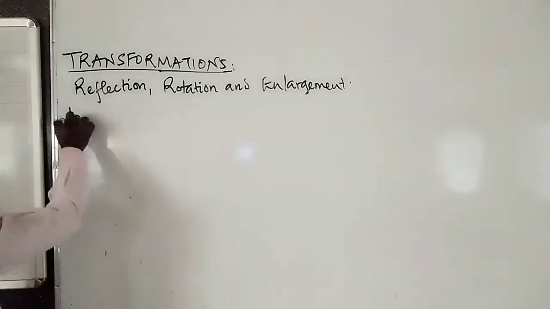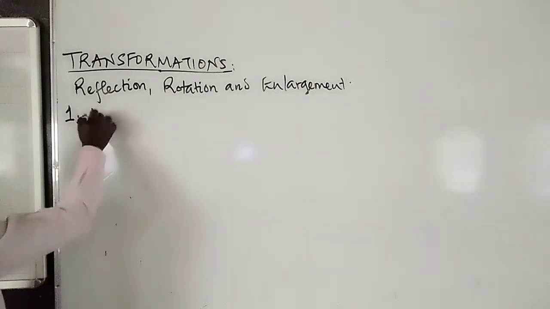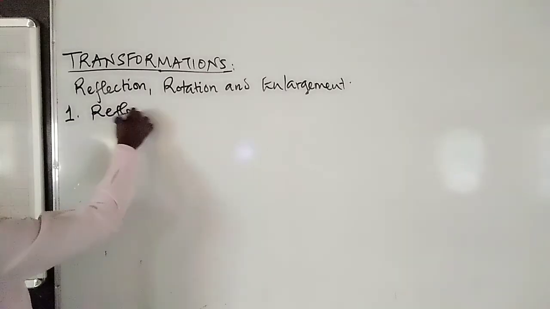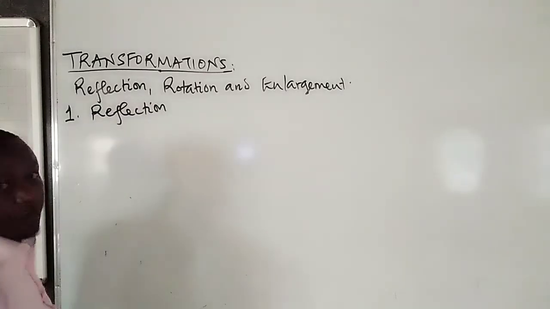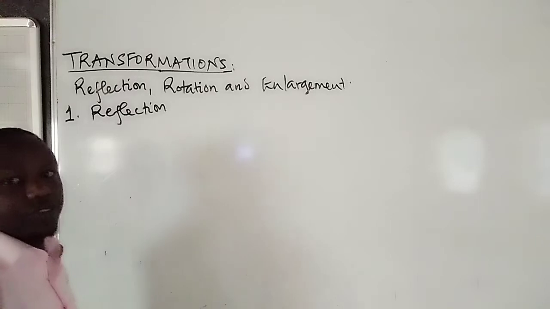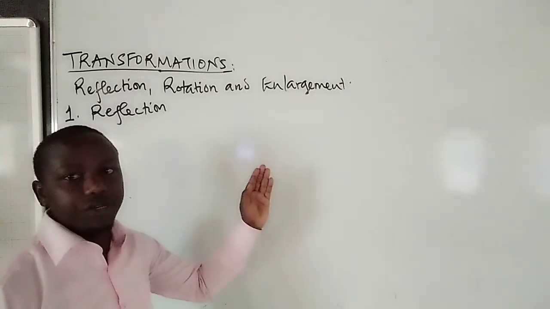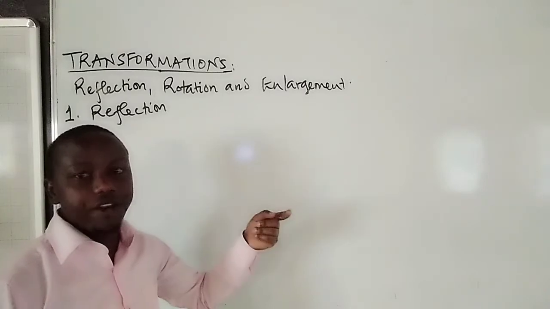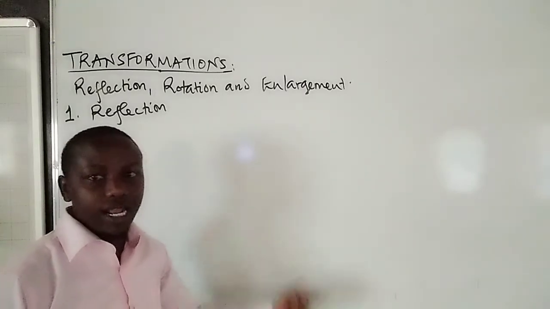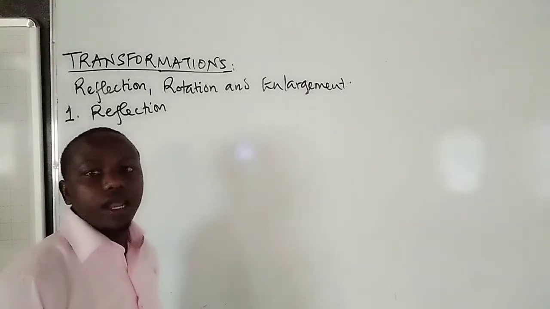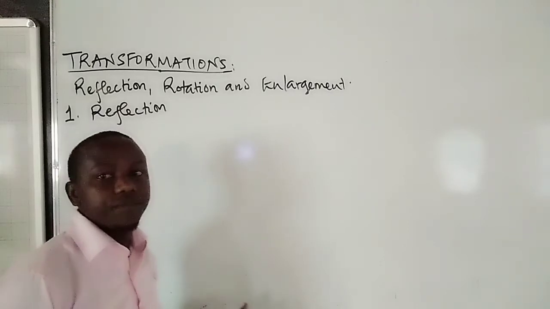Let's mention something briefly on each before we do an example involving successive transformations, whereby we'll have a question where we'll be required to carry out a rotation followed by a reflection, then an enlargement, and we'll be okay.